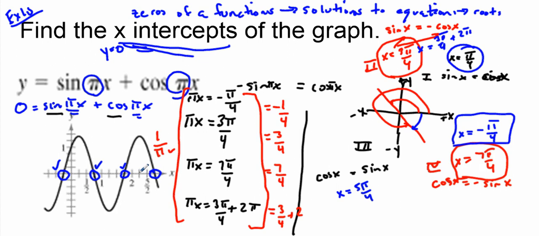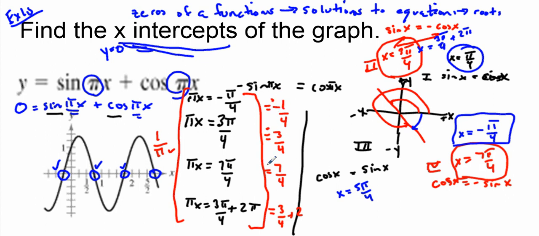So if we have 1, 2, 2.5, right? Is that right? Yeah. And we divide that into 2 and 1/2, and then we have 2 and 3/4, and that's where all of our answers are. That's our solution.